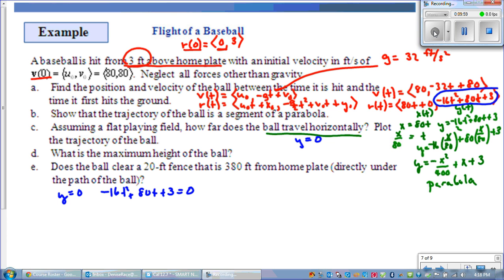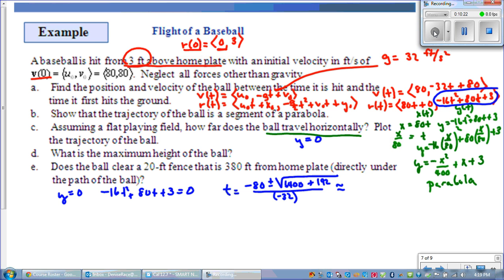Now, this isn't going to factor, but using the quadratic formula, t equals negative 80 plus or minus the square root of b squared, 6400, minus 4 times negative 16 times 3, so that'll be plus 192, all over 2 times a.